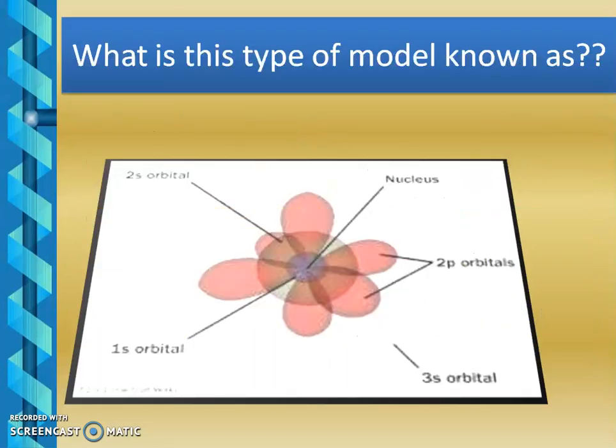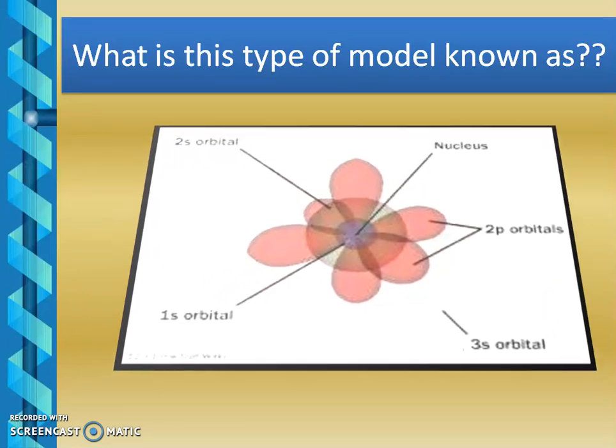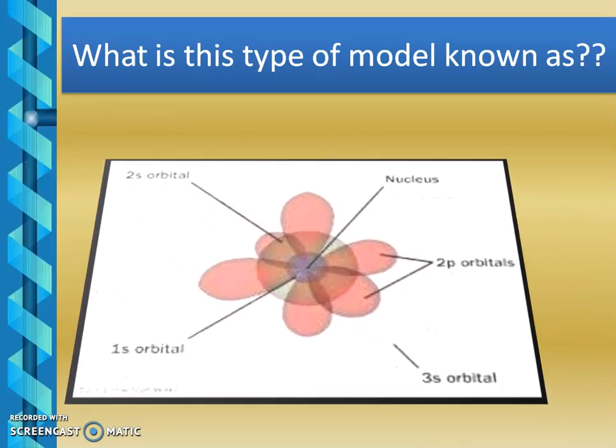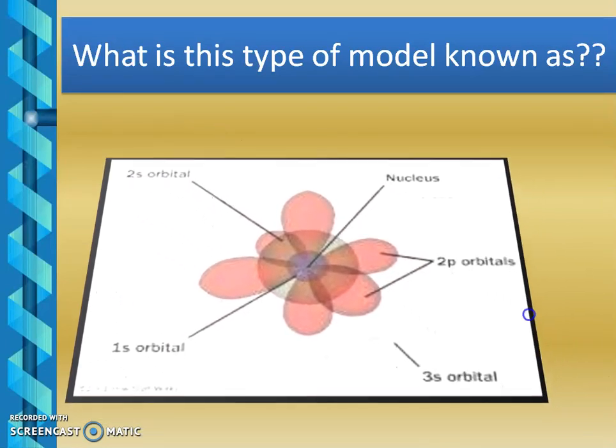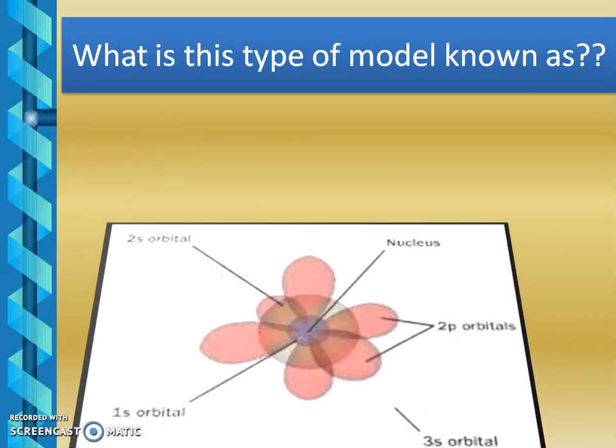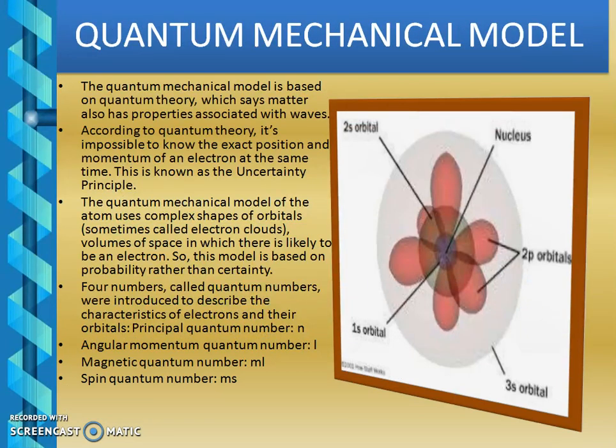So do you remember what is this type of model, where we have orbitals, then the central nucleus, as in Bohr's model also. So we have the orbitals like 1s, 2s, 2p, 3s, 3p and so on. This model is known as the quantum mechanical model.